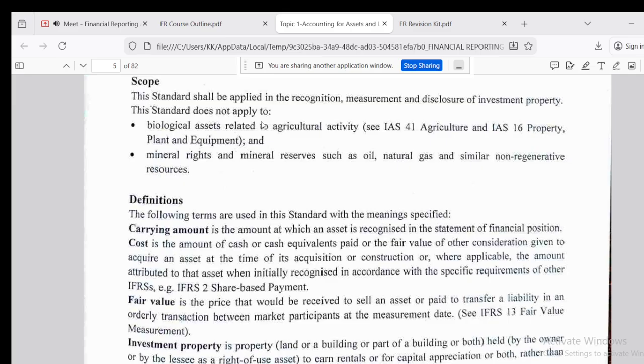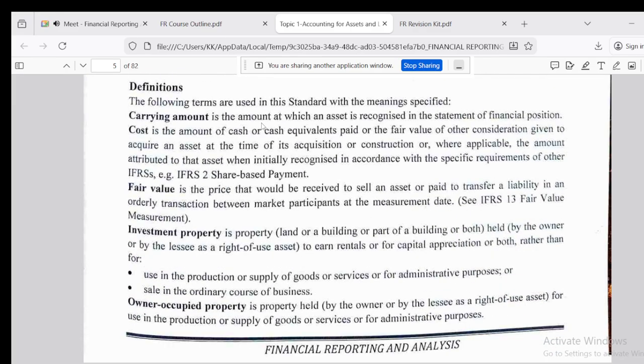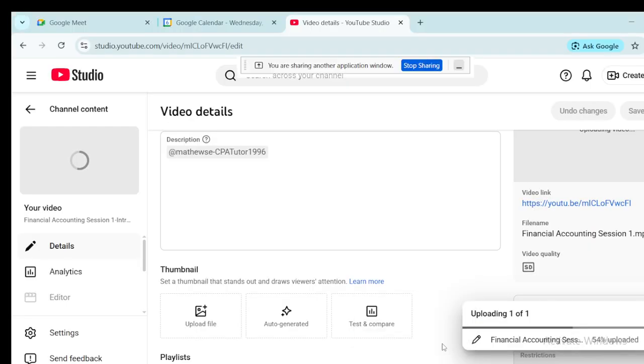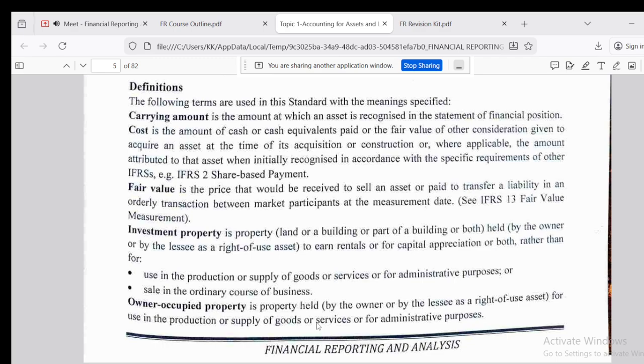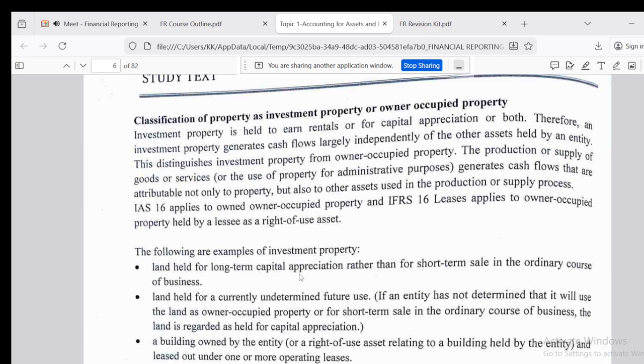Refers to property held for use in production or supply of goods or services or for administrative purposes.